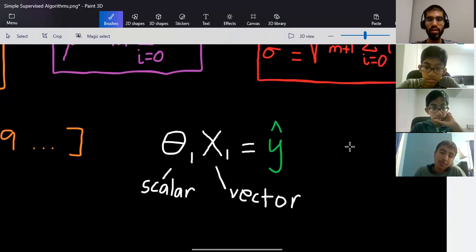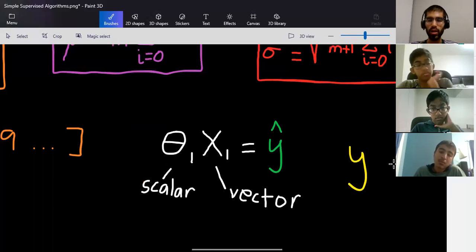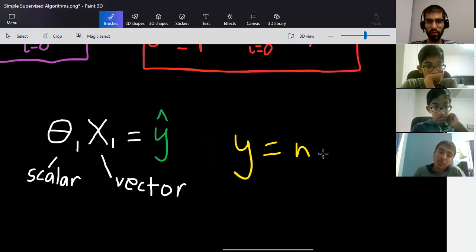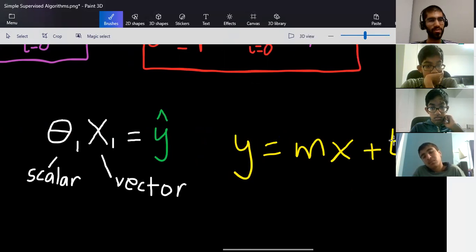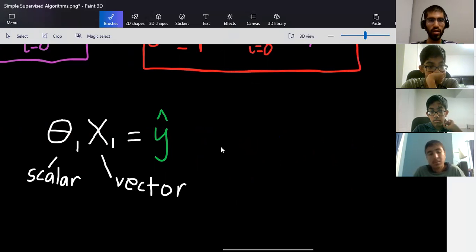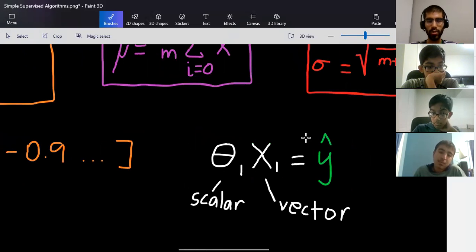Remember, a really linear relationship would be like y is equal to mx plus b. Yeah? Here we don't even have a b. We're not even adding anything. Why don't we try adding something? How about that? So we're learning a more complicated regression function here. So this would be a directly proportional relationship. That's what it's called in math.